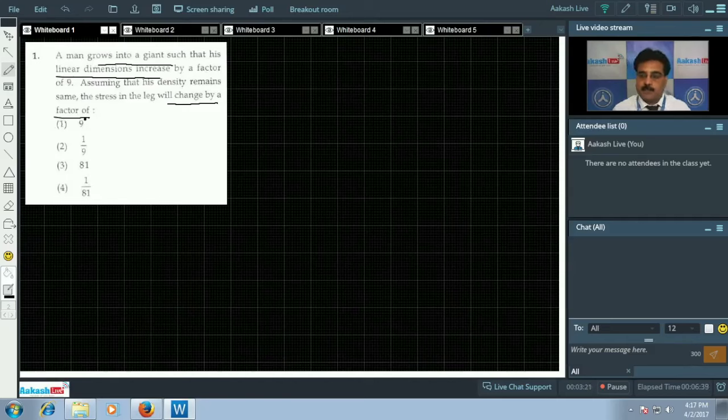So what will be the meaning of this question? The question says that a man, suppose if I consider this is the situation or position of a man, if the length of the man will increase, then you can conclude that the area of cross section of the man will decrease, right?